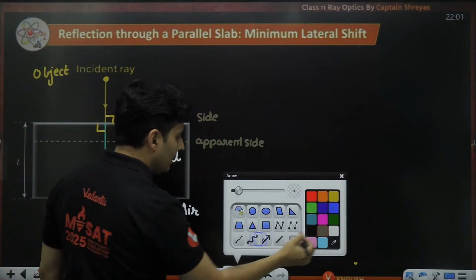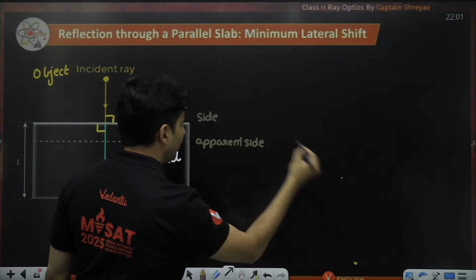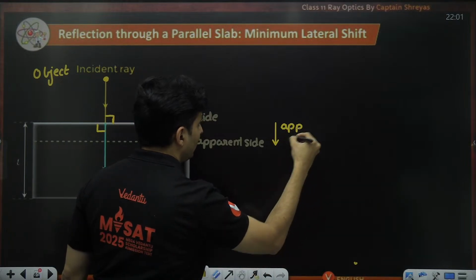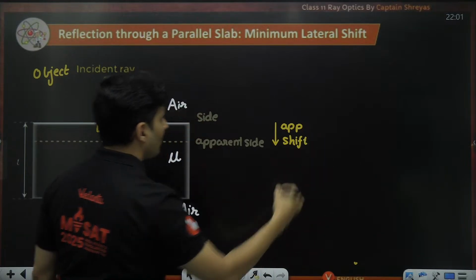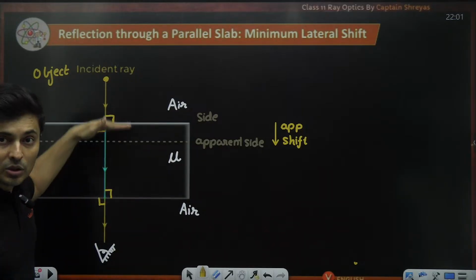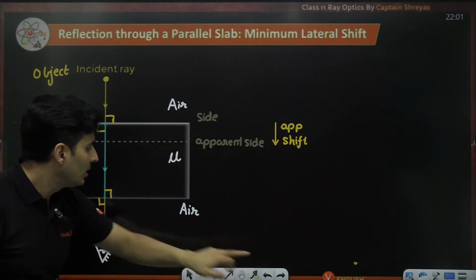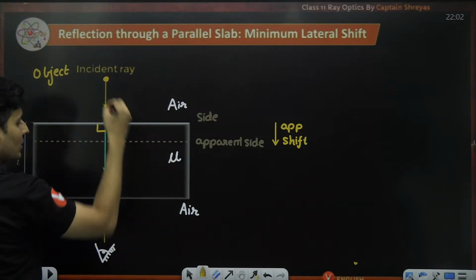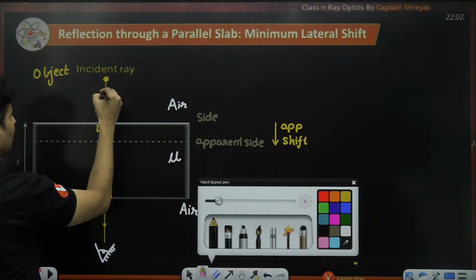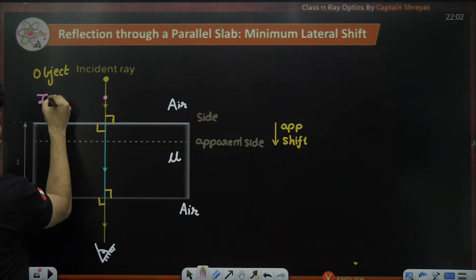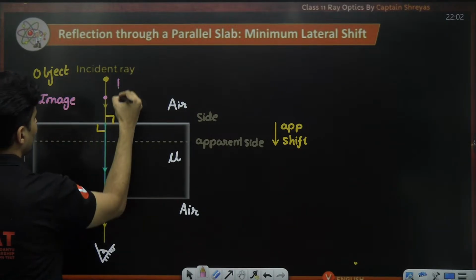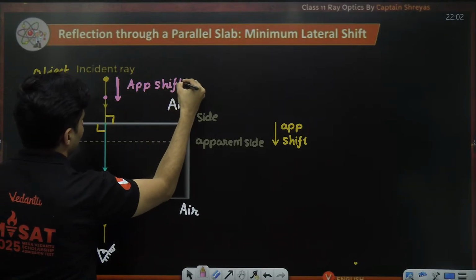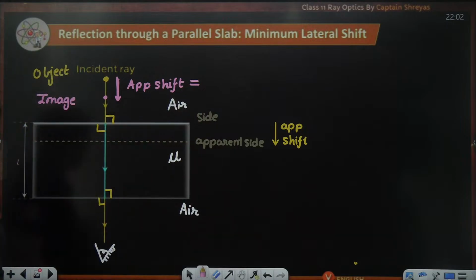So you will see that there is a shift, an apparent shift of the far end of that glass towards you. So not just that, the entire world behind it shifts, and you will notice that the image will be formed over here. So there will be an apparent shift which is present over here, and that apparent shift can be easily calculated.